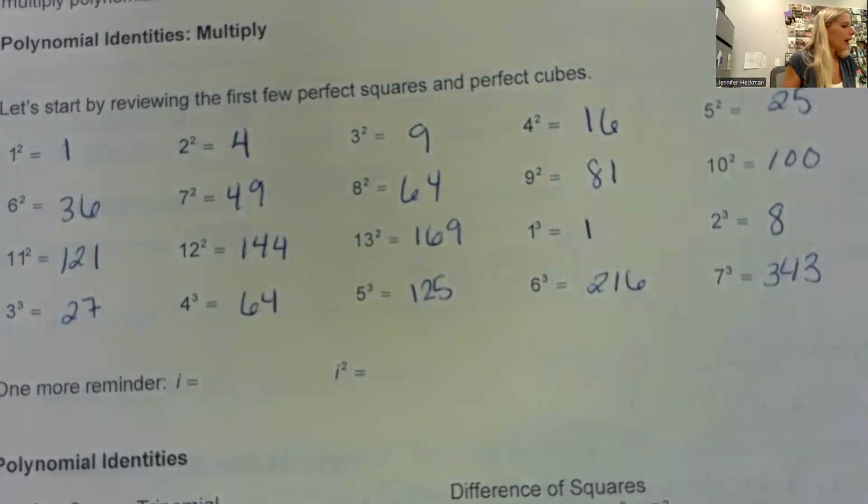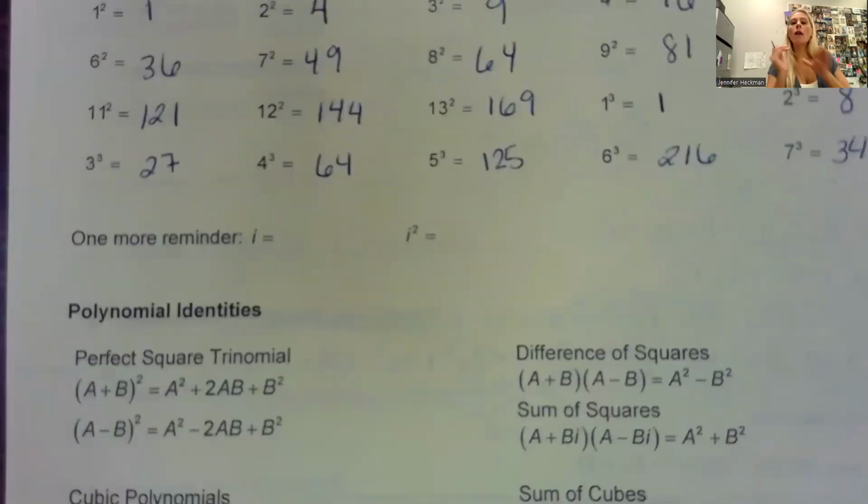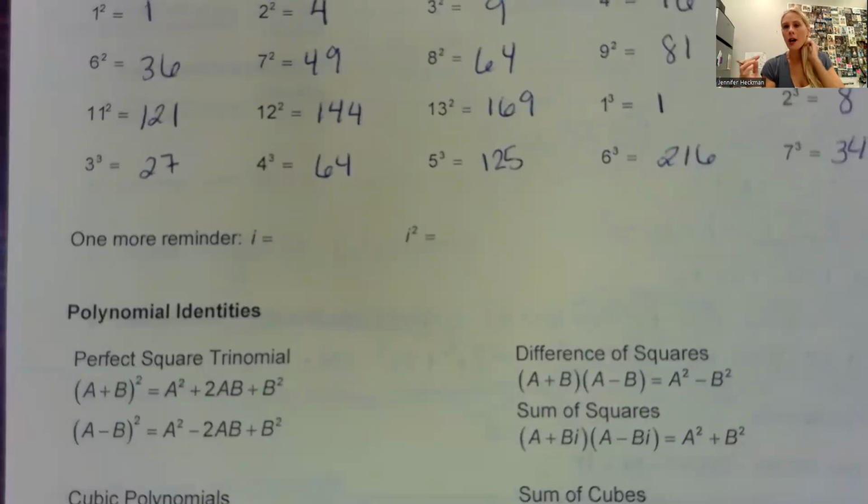So now, one more thing. I hope that this sounds familiar. If it doesn't, we might have to talk about complex numbers. Where does an imaginary number come from? Well, when we did radicals in years past, you find that we can't have a negative number under a square root or an even root.